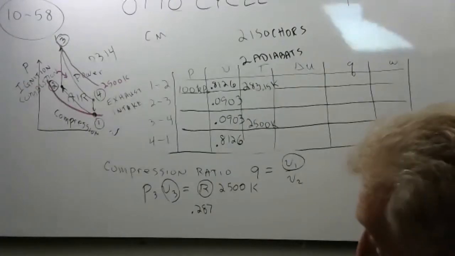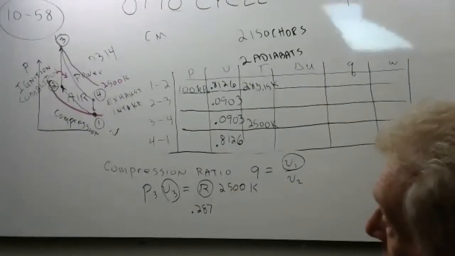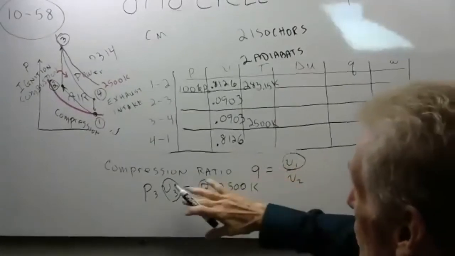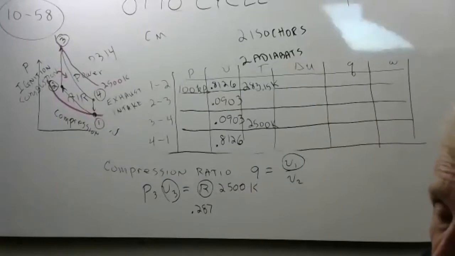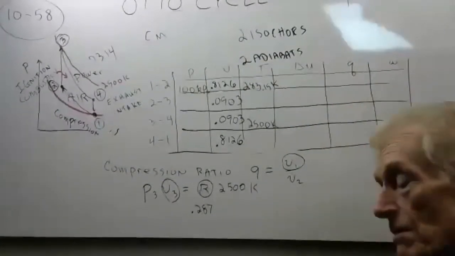How did we get the 0.0903? Oh, thank you for asking. The compression ratio is 9. That's in the problem, if you read the problem. Let me read it to you. Okay, I see now.